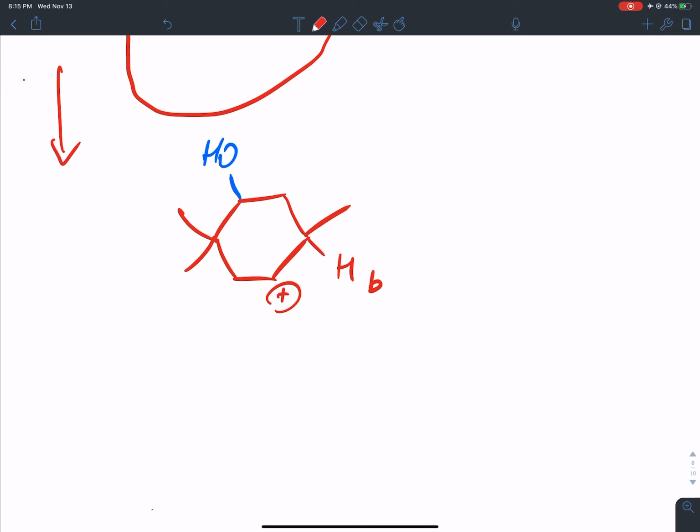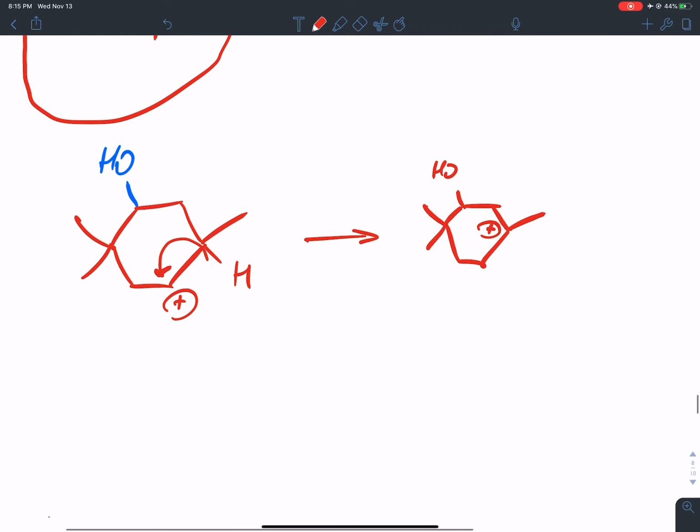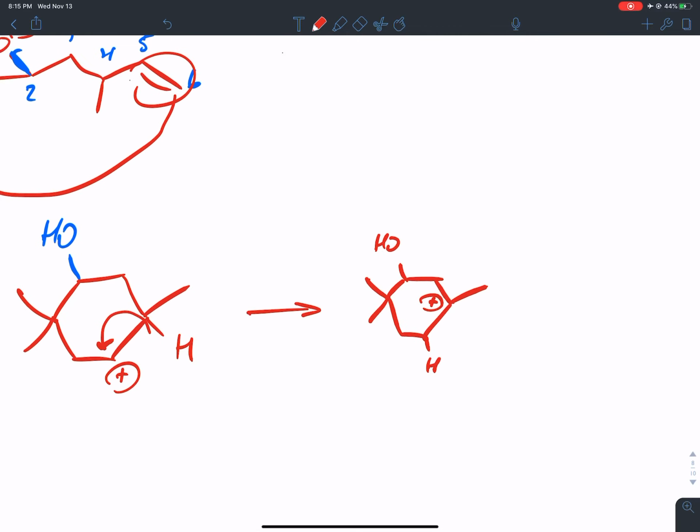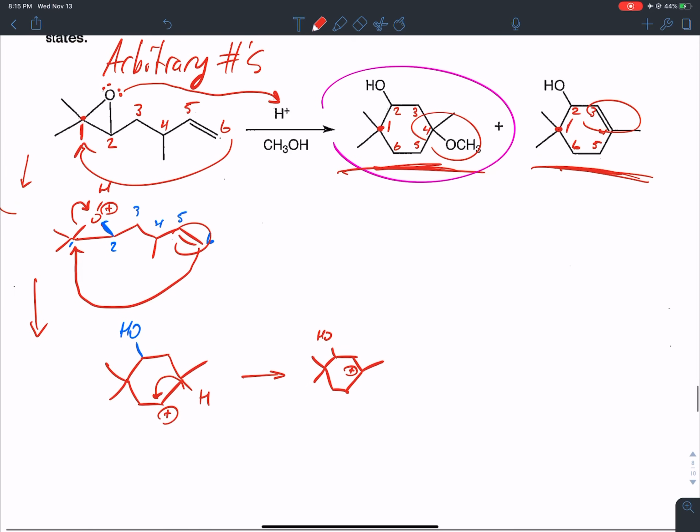So we're going to move that hydride B over to the secondary carbocation, and that will generate a tertiary carbocation. Positive charge in there. Our hydride moved here. So now we have a great electrophilic site on carbon 4.